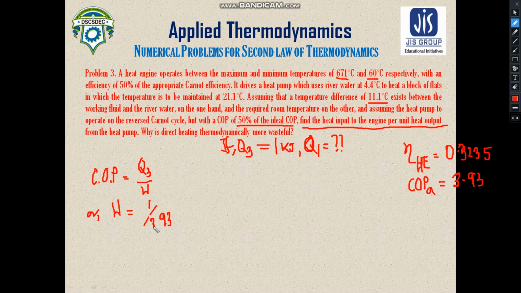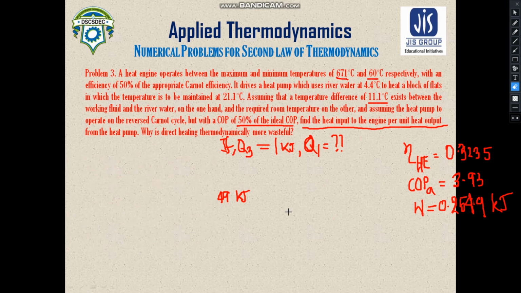Since it is 1 divided by 3.93, we can calculate the value of W, and you will find it becomes 0.2549 kilojoule.